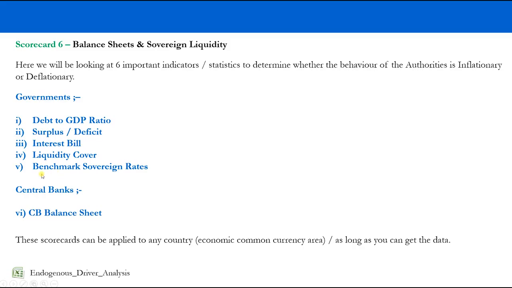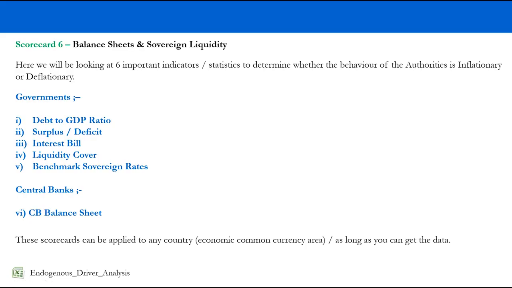And we're also going to be looking at benchmark sovereign rates. So we're going to be looking at the actual interest rates on government bonds. With central banks, we're going to be looking specifically at the central bank's balance sheet. And overall, we can scorecard for each one of these and get an overall scorecard for central authority behavior.